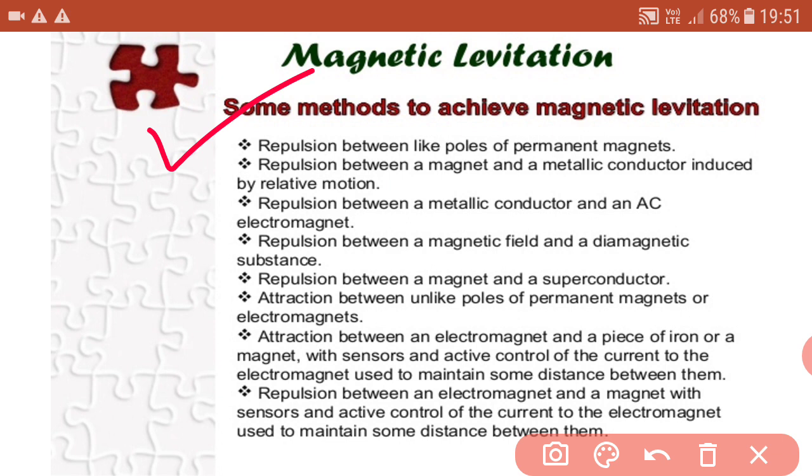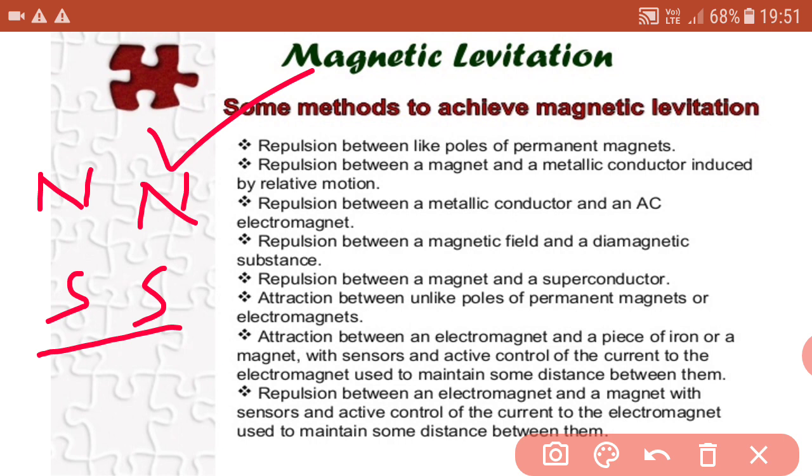We have seen that if north and north poles are there, they are known as like poles, and there is repulsion between these two. And if we use south and south poles, they are also like poles, so there is repulsion between these two also. So one method is this.